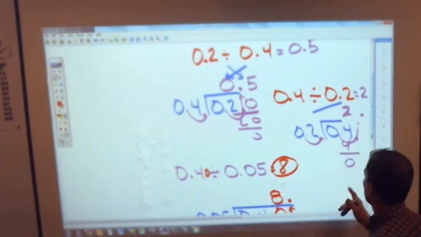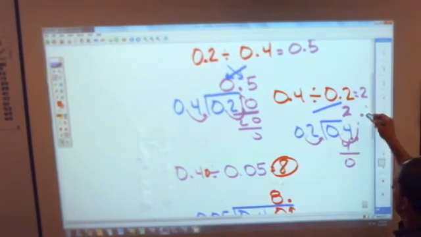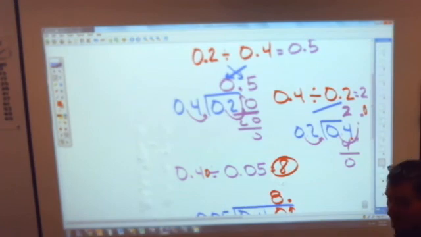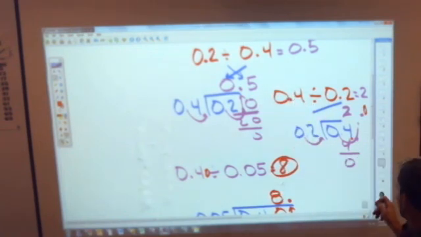Because I didn't have to go any farther. My decimal's right here and I ran out of stuff to bring down. I mean, it would help if I put 2.0? Yeah. But that's the same number. Remember, we don't put in zeros at the end of things, we leave them off because they don't mean anything. If it's a decimal, 2.0 is the same as 2. They don't change. That's a good question.